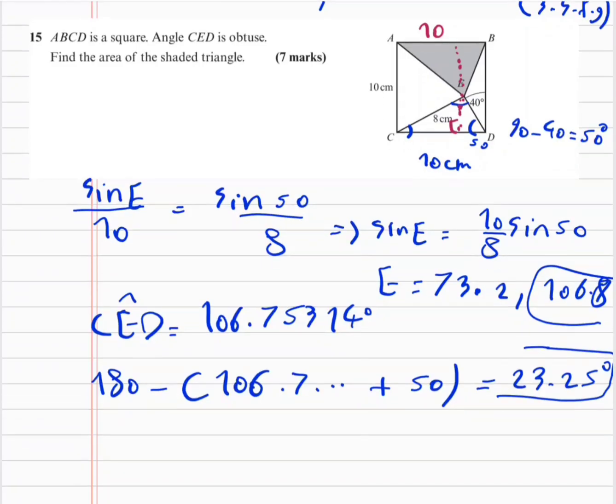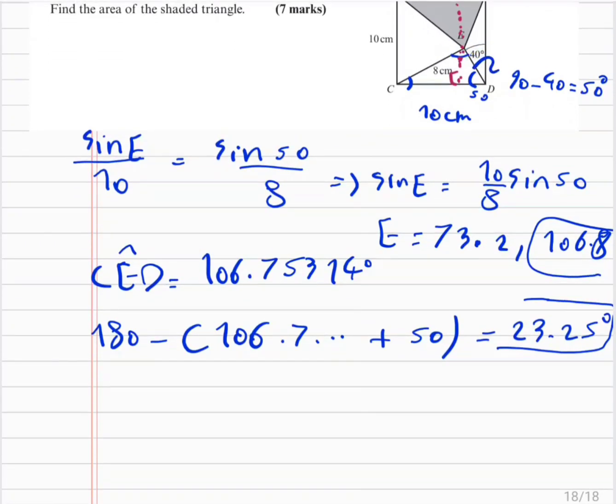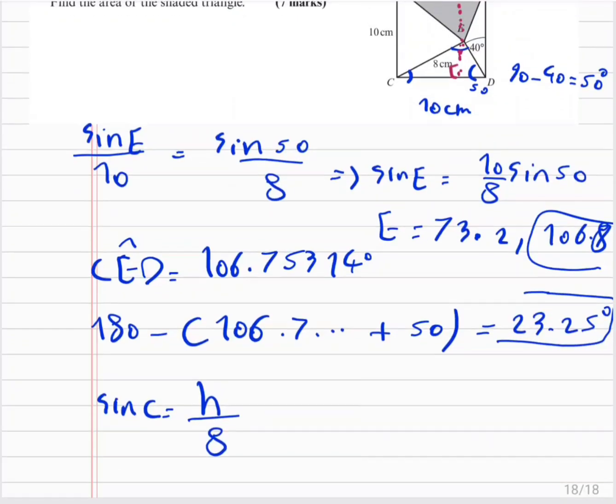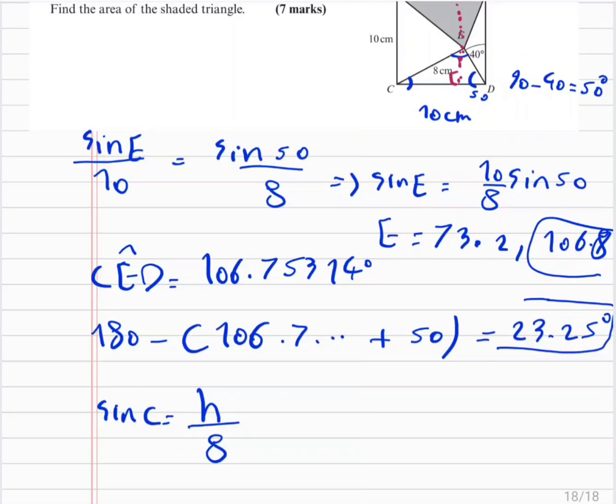To find this height, let's call the height h. We can simply say that sine C, which is this angle, is equal to the height over the hypotenuse, which is 8. We know angle ECD, which is 23.25.